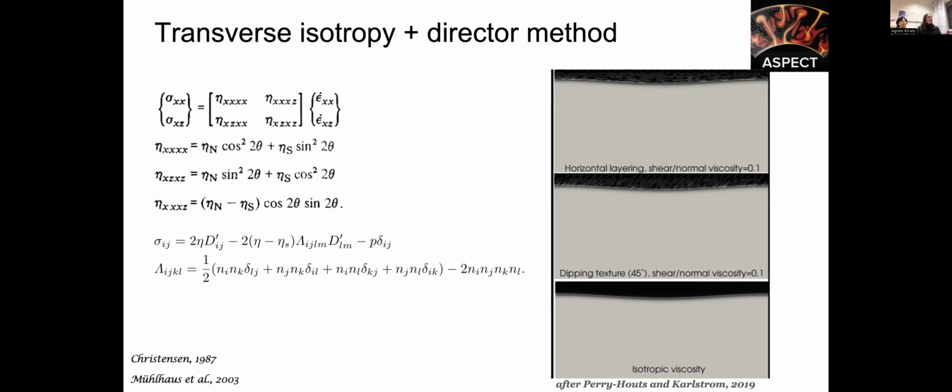And then you can add to this the so-called director method, where you can add vector directors that describe the easy slip direction, and advect them and rotate them.